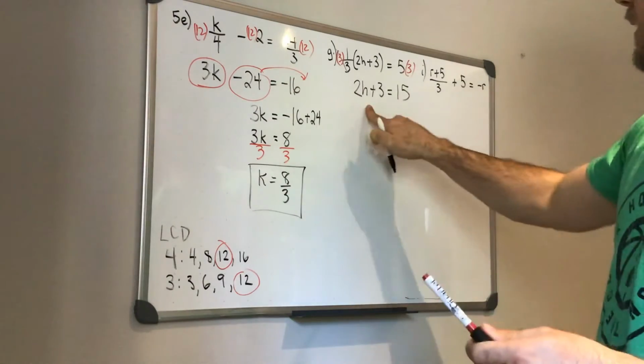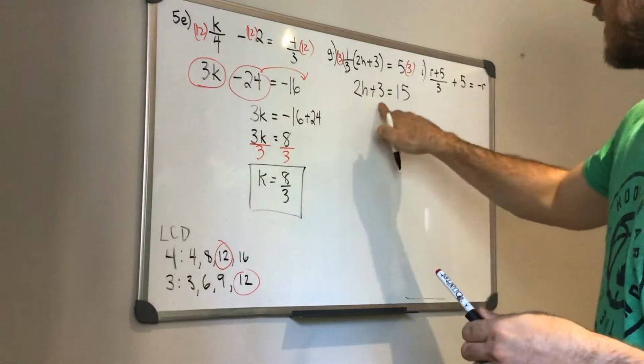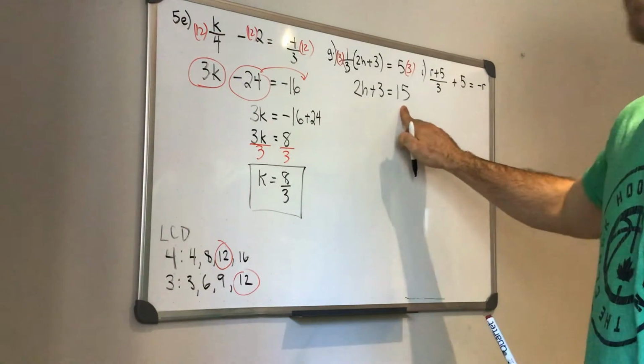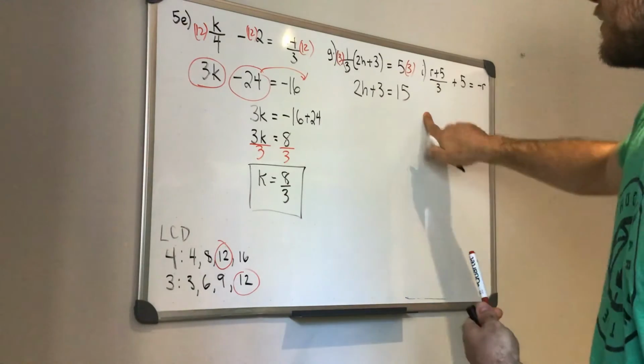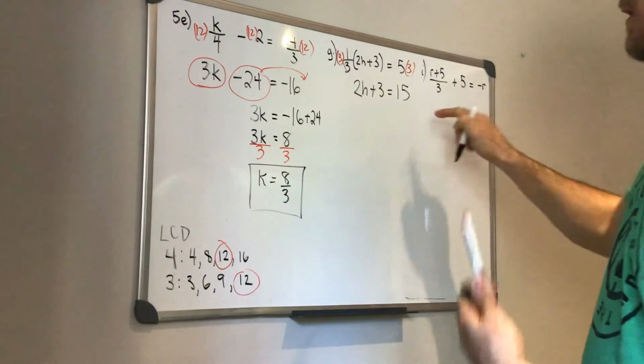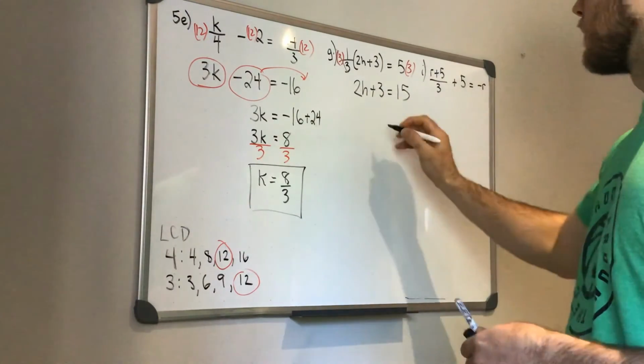Now, this right here looks similar to this problem now. We've got a variable, we've got a constant, which is just a number without a variable, and another constant. I want to get this guy to the other side, so I can either move it over and change the sign, or if you like to think about it this way, we can subtract 3 from both sides.